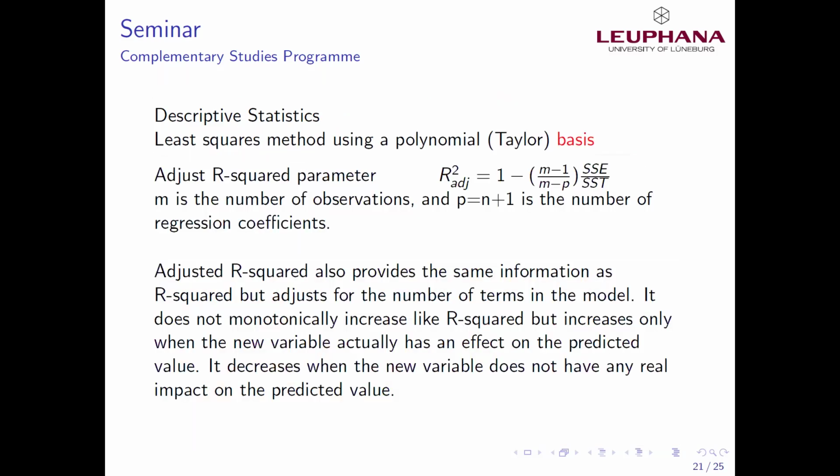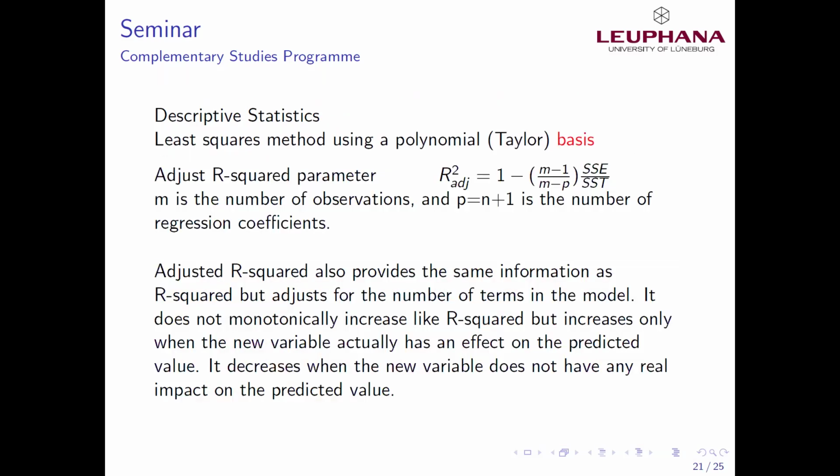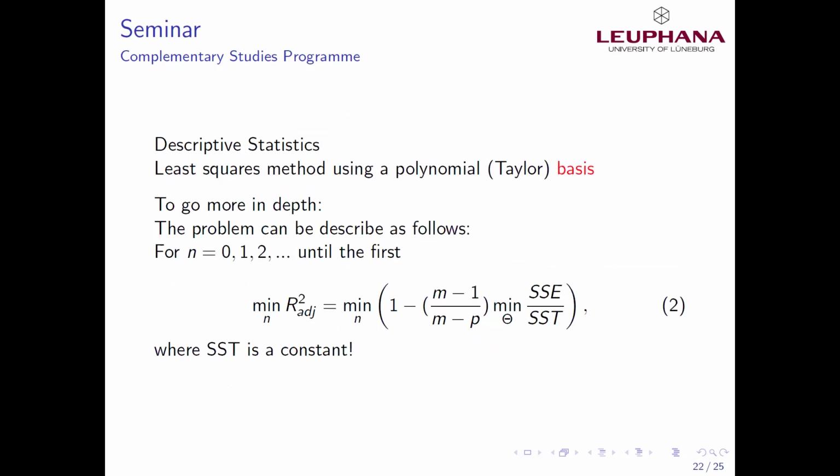We fall into this overfitting problem. This we don't want. This means a suitable way to proceed is to minimize SSR. In this modification, the most suitable form is to minimize R square adjusted with respect to n.